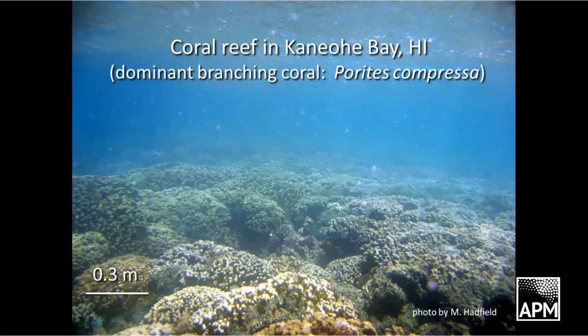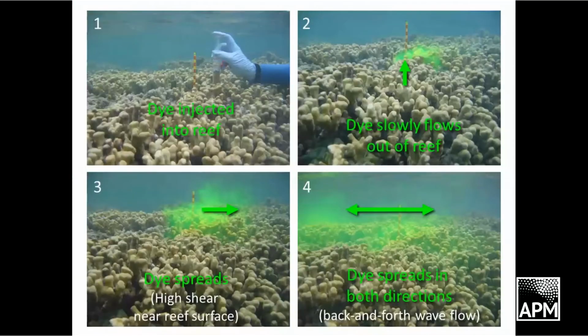Next slide, please. Here are some photographs that Mimi took. She injects the dye into the reef, and the dye slowly flows out. And then when it gets into the ocean, because there are waves on top, it goes back and forth.